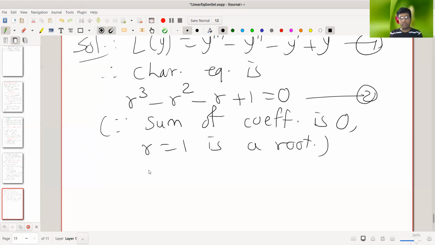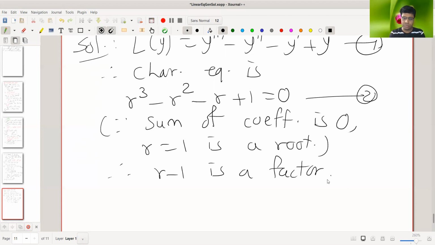We have to find the other two roots. One way is to use synthetic division. Since one root is r equal to 1, r minus 1 is a factor.